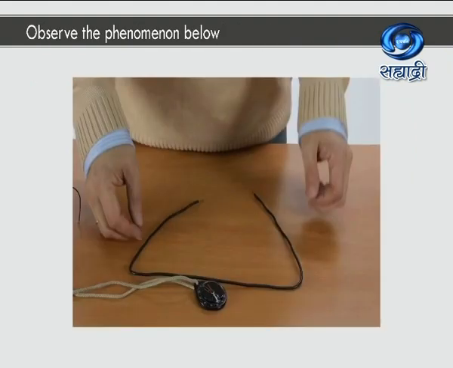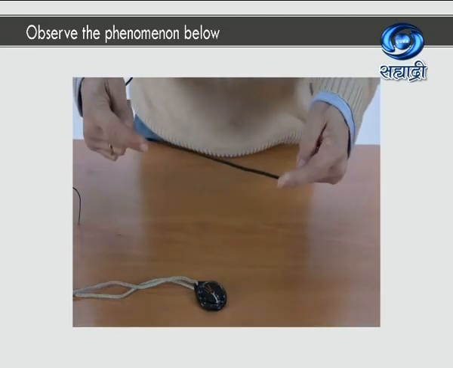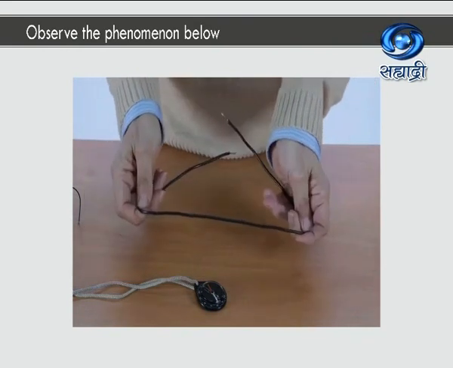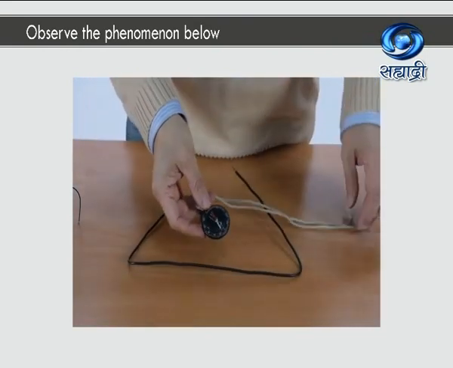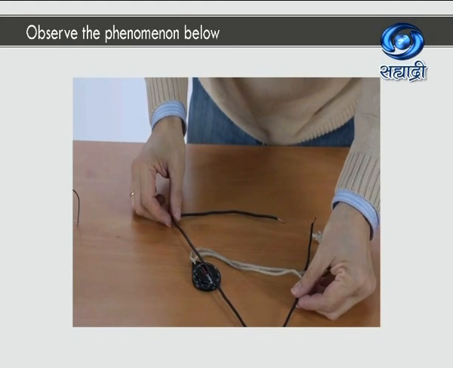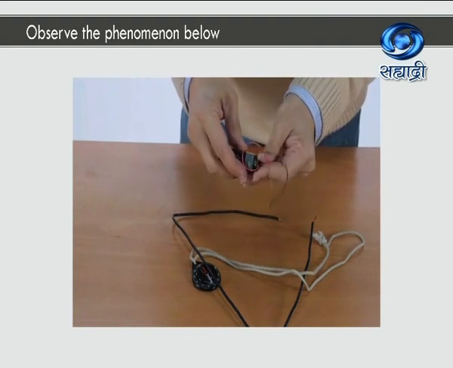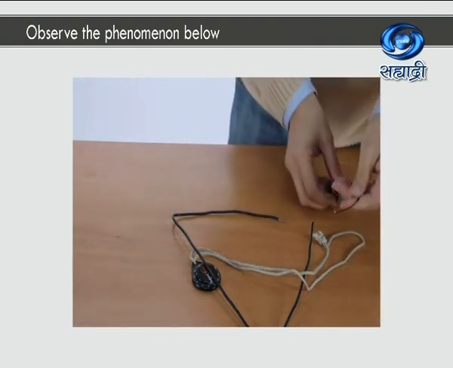I want you all to observe this video very carefully. You will understand what is happening, and you can use this for the rest of the chapters. Let us observe an important phenomenon that is taking place in the video. We have a wire below which we are going to keep a magnetic needle. The magnetic needle and the wire are parallel to each other.